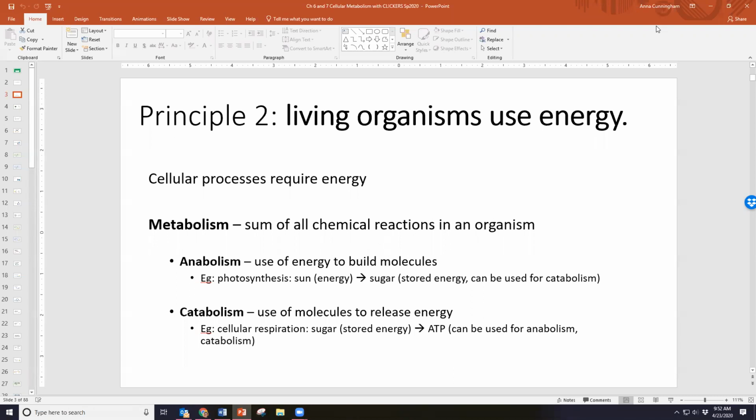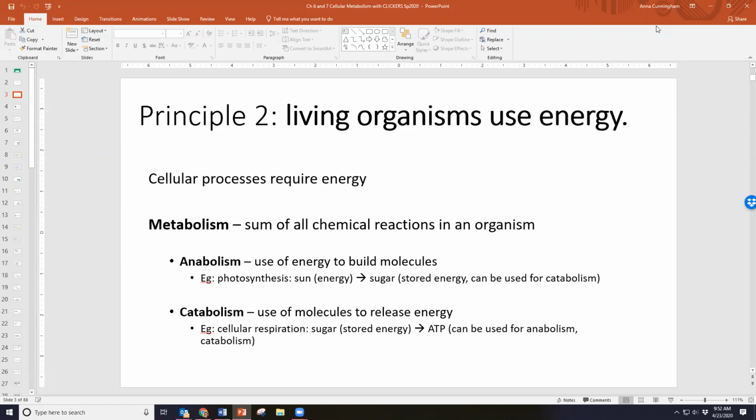And that's because cellular processes require energy. We've talked about transcription, translation. You learned a little bit about nucleotide excision repair. We've talked about replication. Every single little thing that a cell does, they're cells, so they're little, but every single thing that a cell does requires energy. You cannot do anything without energy.